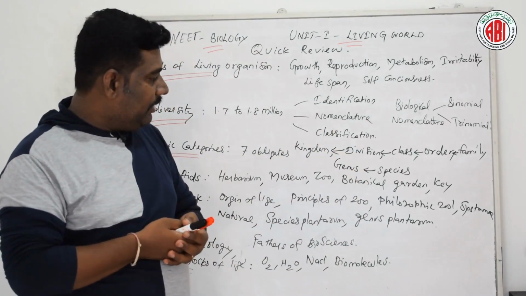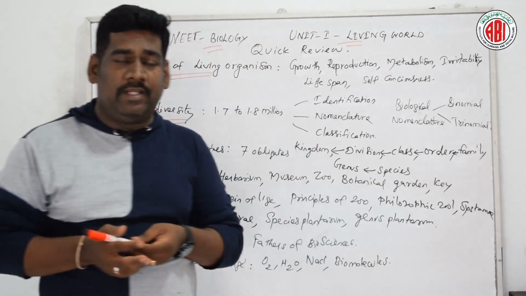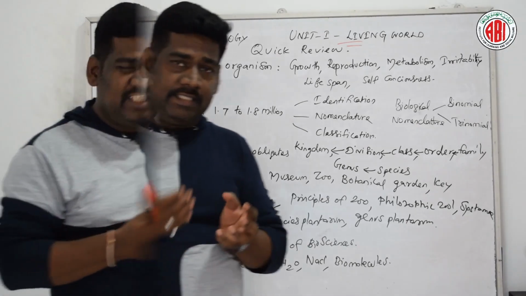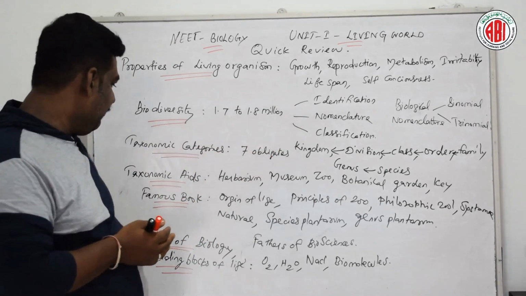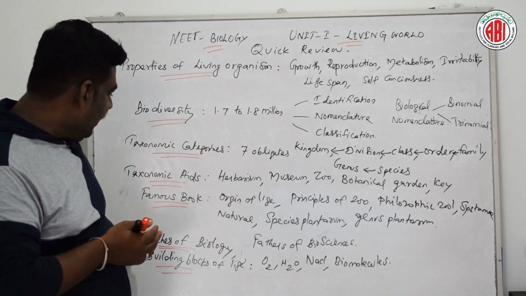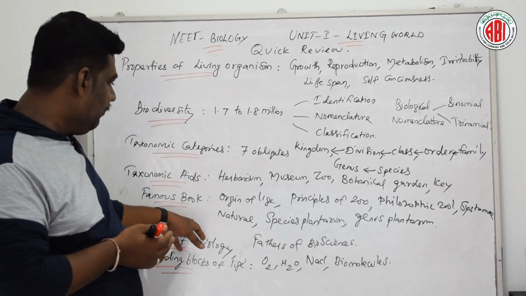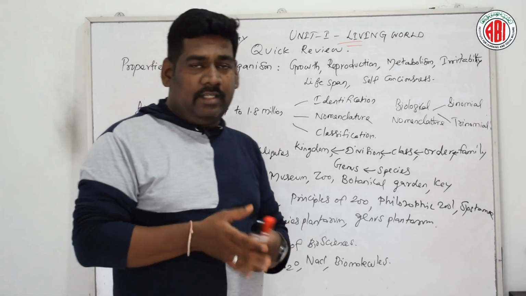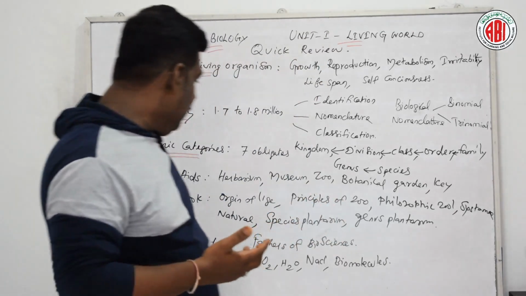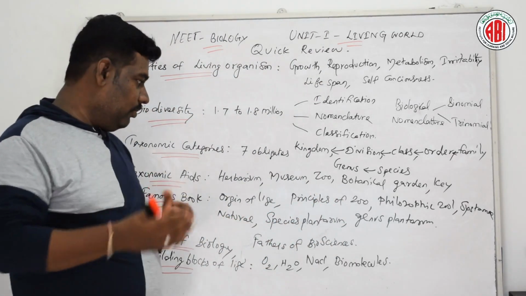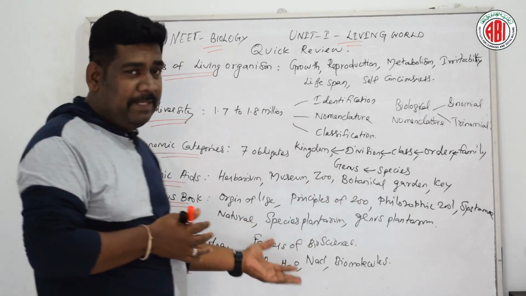Then key is one of the devices that helps us identify a particular living organism and its features in detail. So that is about the taxonomic aids. Next are a few examples of certain famous books, and these books and their authors are very important: Origin of Life by Oparin, then Systema Naturae, Genera Plantarum, Species Plantarum.